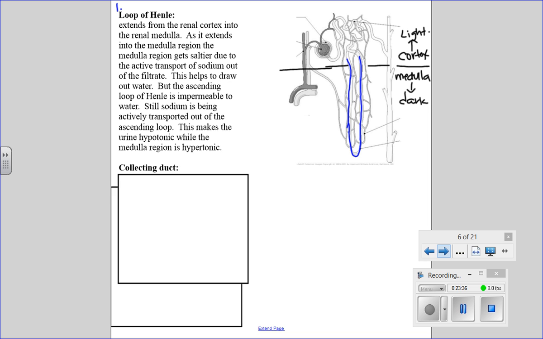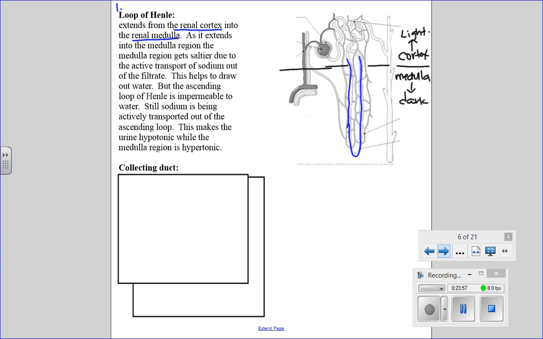So what does the loop of Henle do? Well, like I already mentioned, it extends from the renal cortex into the medulla. So this is the part of the nephron that is not on the outside but has dipped down into the middle.